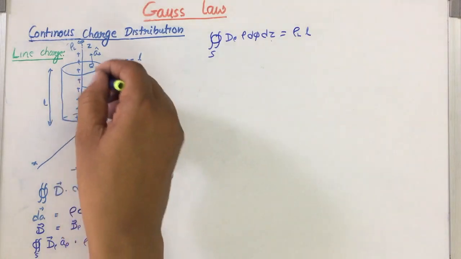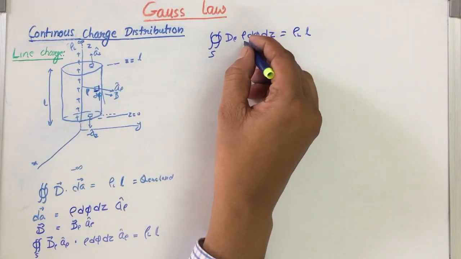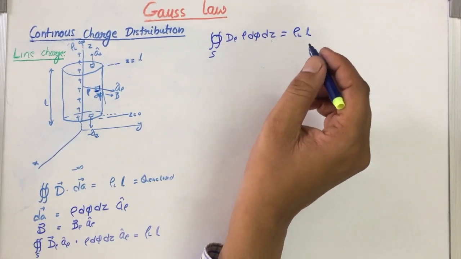What can we find throughout the surface? Rho is constant, that is the radius of the cylinder.